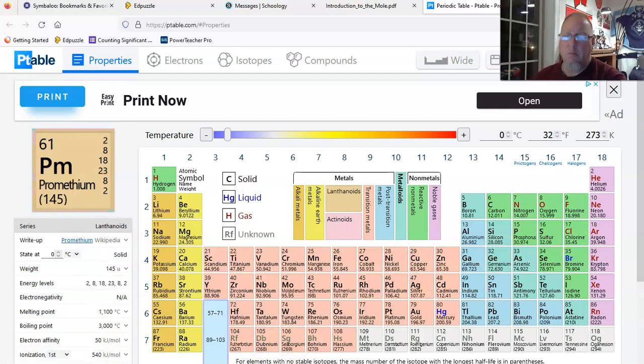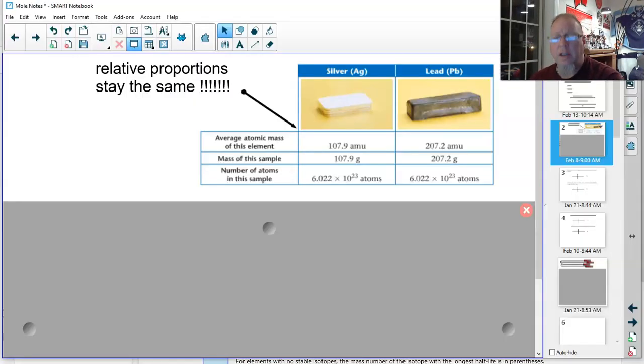But now that we're to the mole, there's another relationship that atom has. So one atom of silver is 107.9 atomic mass units, but a whole mole of silver is 107.9 grams. So that number is kind of twofold on the periodic table.